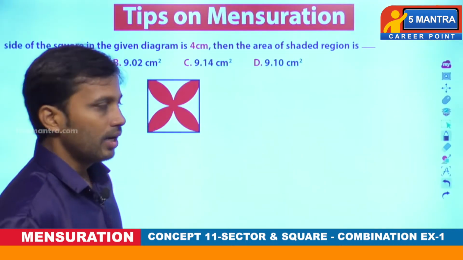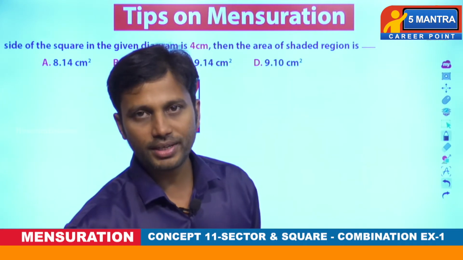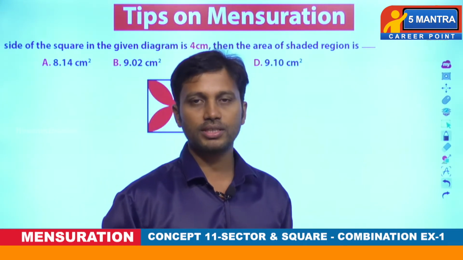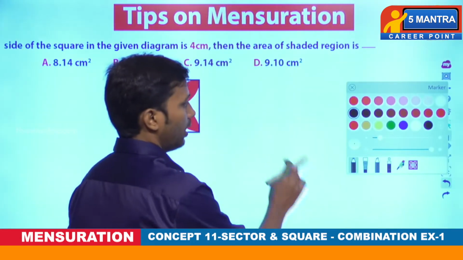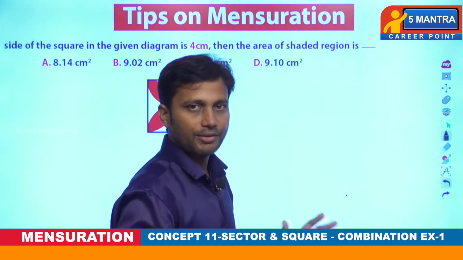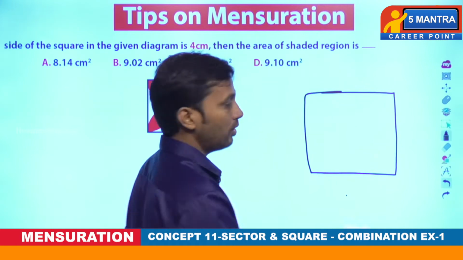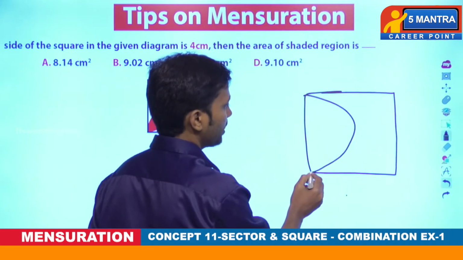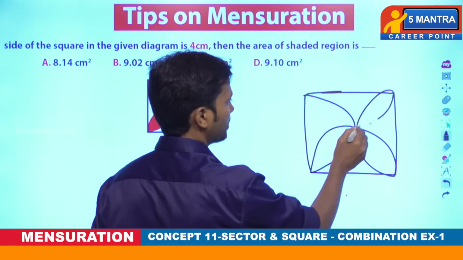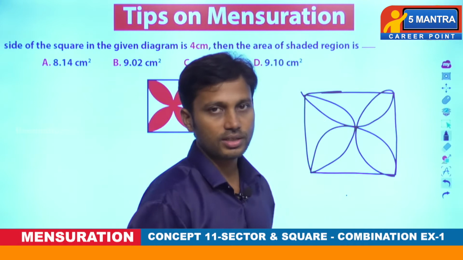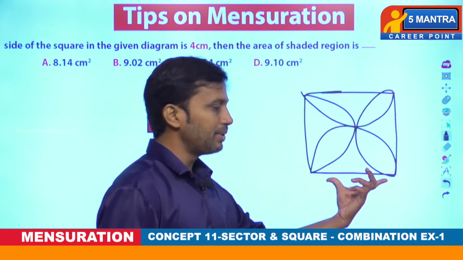Before starting this problem, once again I want to remind you of the shortcut we discussed in the conceptual video. What I explained in that video was, see, it's a square. Now, it's one semicircle, another semicircle, another, and another. That means 4 semicircles are drawn within a square with their diameters equal to the side.